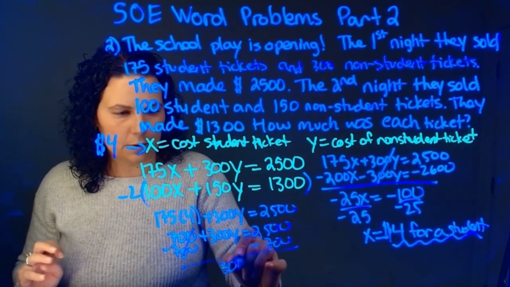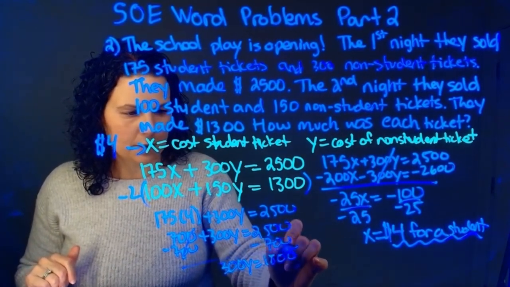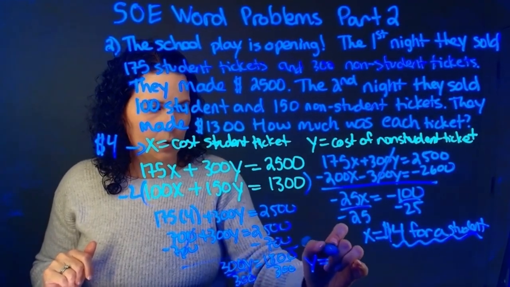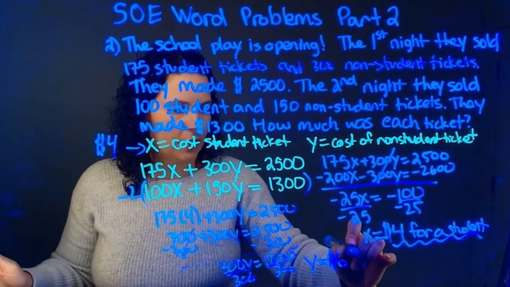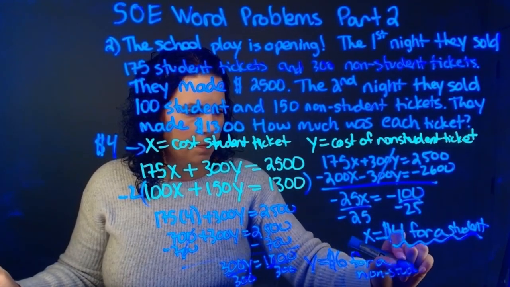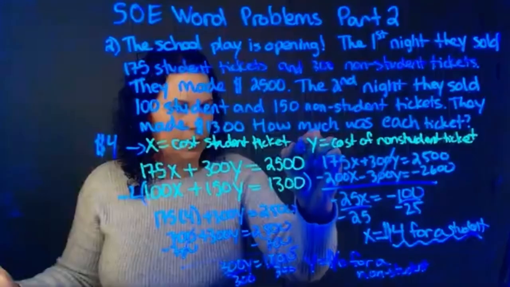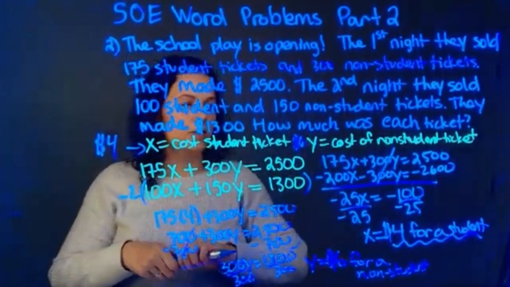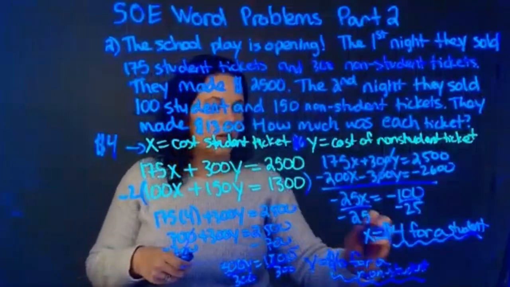That gives me 300y equals 1,800. Divide by 300. And y equals $6 for a non-student. So this is going to be $6. Had to squeeze it in right there. So $6 for a non-student and $4 for a student.